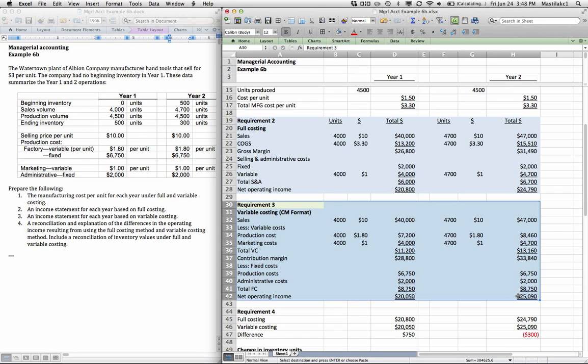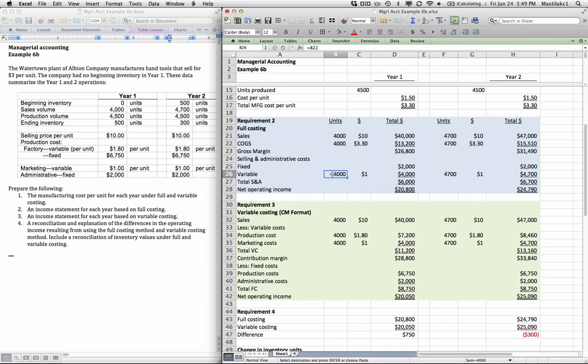With variable costing, producing more or less than you sell does not in any way increase or decrease net operating income, so there's no manipulation available. So my advice would be, if you're evaluating profit center managers in a production setting, for internal purposes, you want to try to use variable costing, which takes away the ability of managers to store this year's fixed production costs into next year's or into the ending inventory and keep them off the income statement.